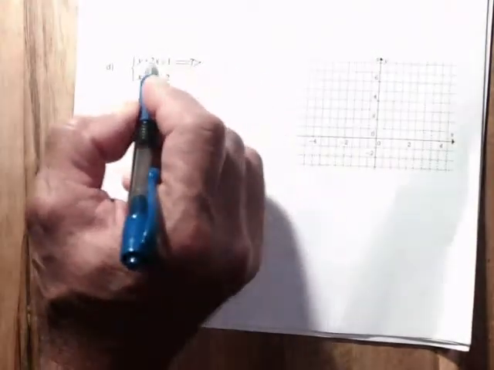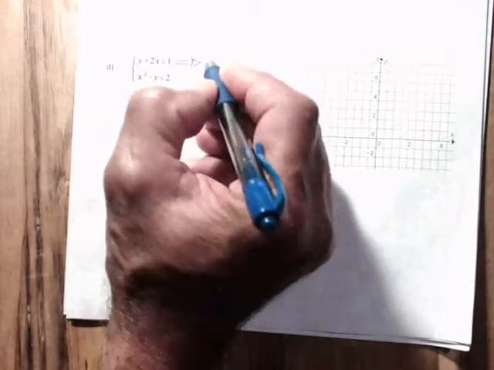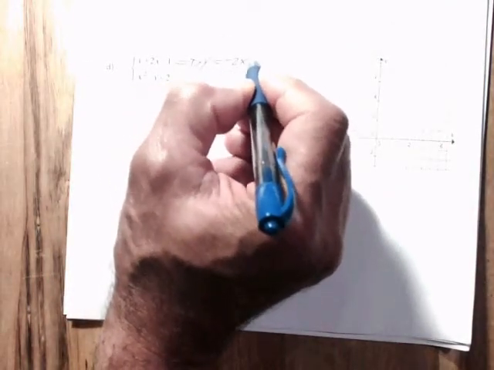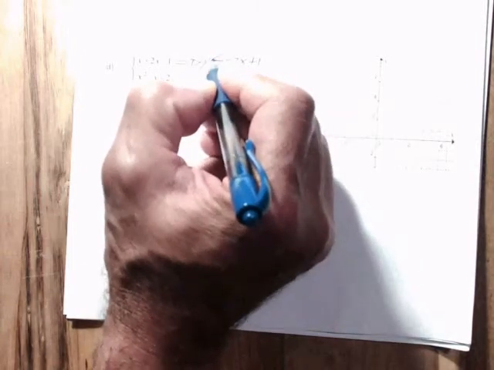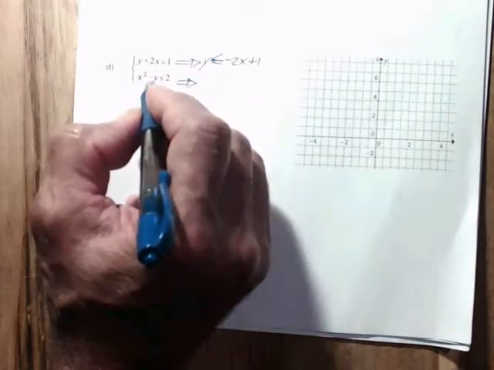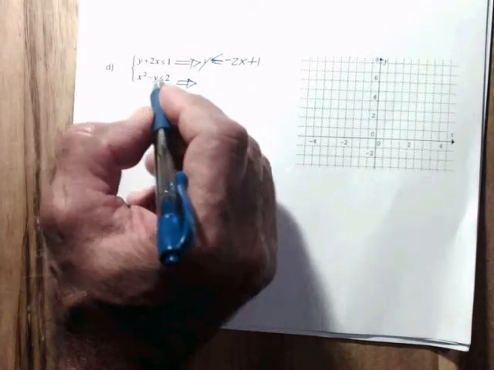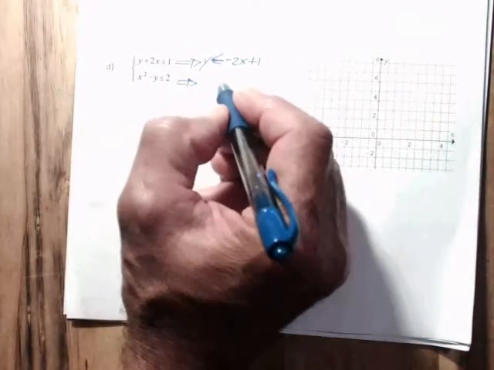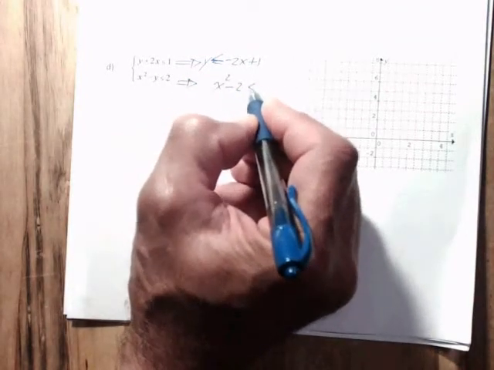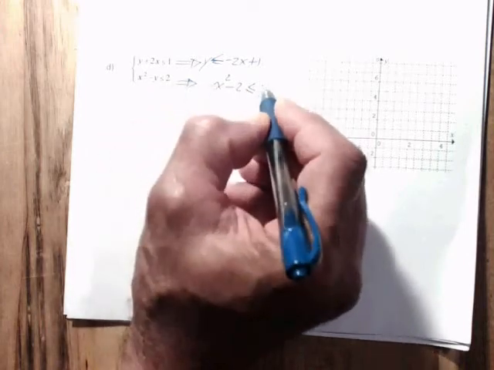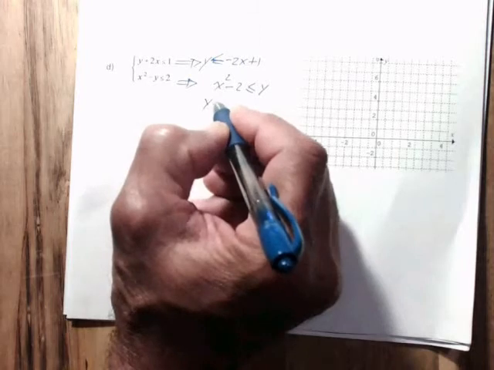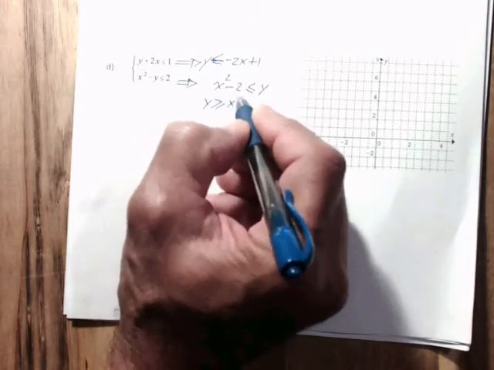I subtract 2x from both sides of this equation, get y less than or equal to -2x plus 1. Here you have a negative y. I take it to the right side, so x squared, then take 2 to the left side, then less than or equal to y. If you flip this around, y bigger than or equal to x squared minus 2.